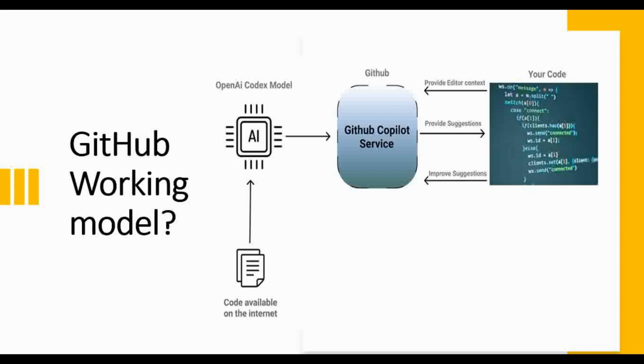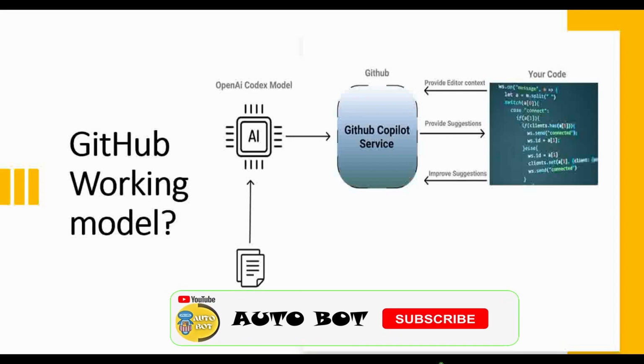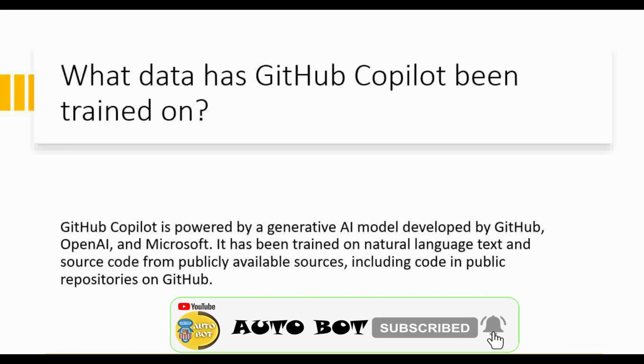But it cannot generate logic for your project or for your business. That logic should come from your side, right? How accurately you provide the prompt or the name of the method to the OpenAI model, it will give you some suggestion by filtering the data on the internet. So that is the use of the GitHub Copilot tool. Okay, so let us move forward.